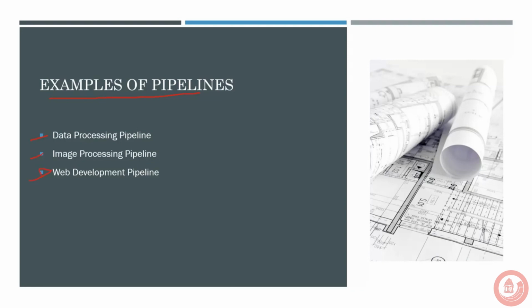You can write pipelines for web development. For example, you can use it for various tasks like asset compilation and optimization. In web development, we are doing the concatenation and minifying of the CSS and JavaScript files, optimizing the images and caching the assets. All these are nothing but a series of pipelines, which by implementing, you can get faster loading times for your assets.